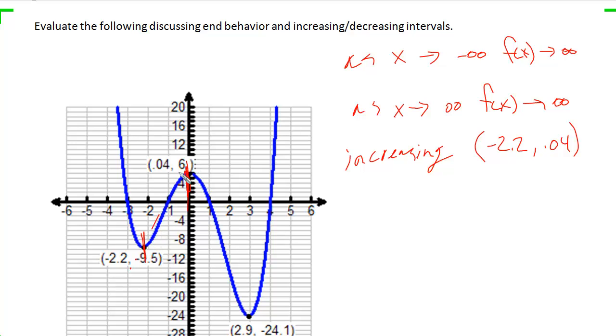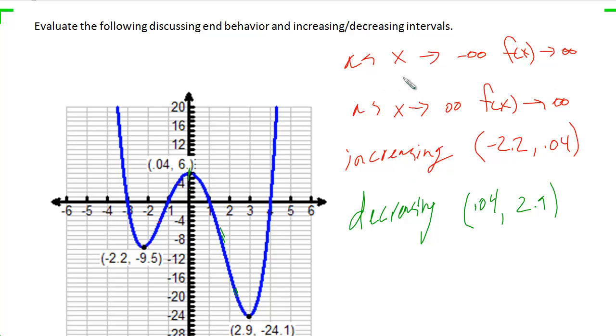So this would be the increasing interval. I'm walking uphill from here to here. Now the decreasing interval occurs right here. So I'm heading downhill. So it's decreasing from the interval 0.04 down to 2.9. And that's all we really need to do.